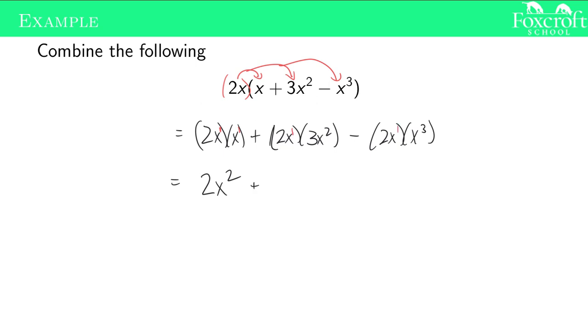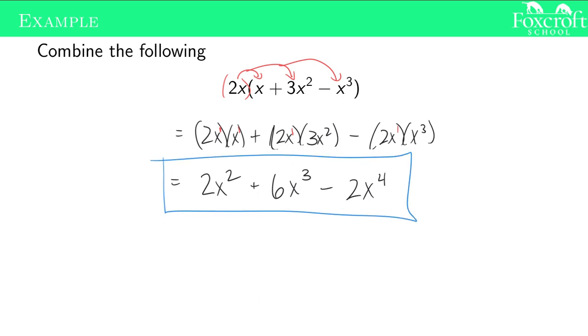The next one, 2 times 3 is 6, and x to the first times x squared is x cubed. Then we subtract 2x to the fourth, because x to the first times x cubed is x to the fourth. So this is our fully simplified final answer: no more like terms to combine and no more multiplication to do.